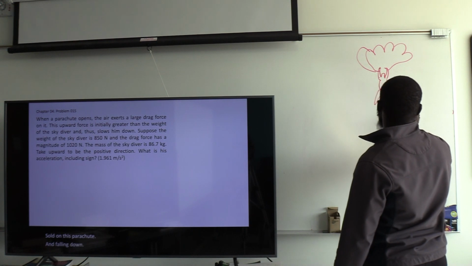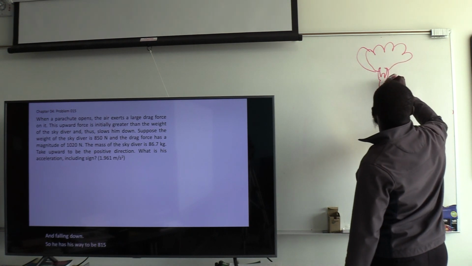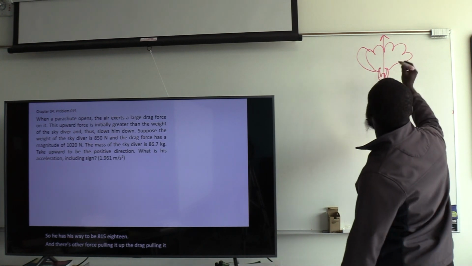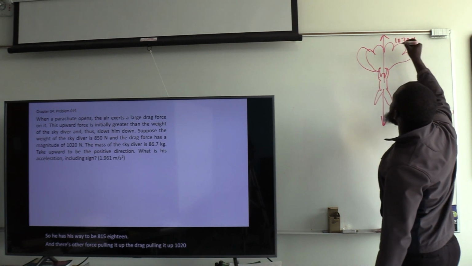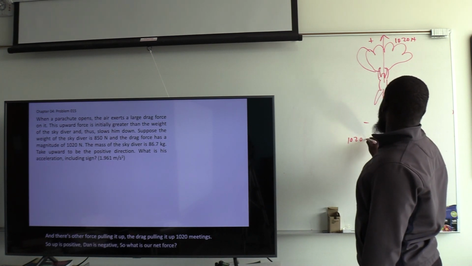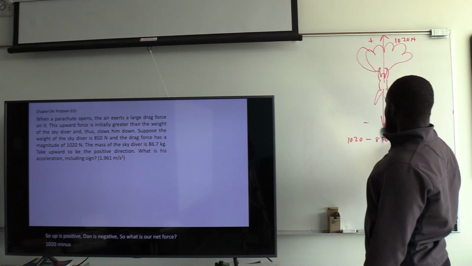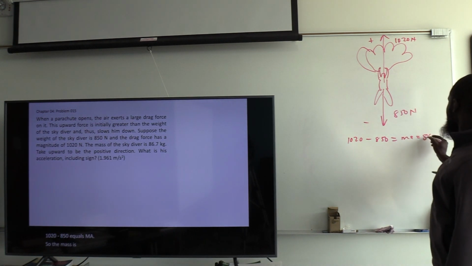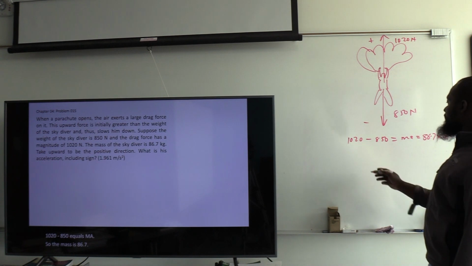So he has his weight to be 850 newtons. And there's another force pulling him up, the drag, 1020 newtons. So up is positive, down is negative. So what is our net force? 1020 minus 850 equals MA. So the mass is 86.7 times A. We're looking for A.